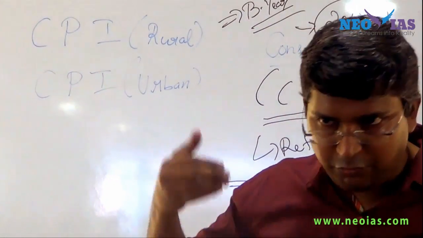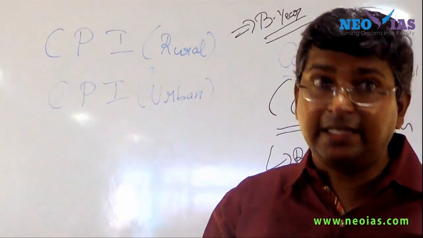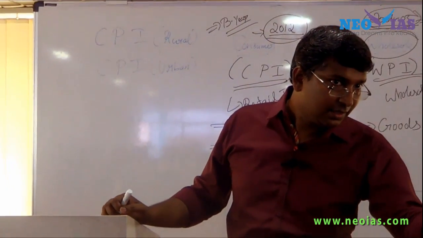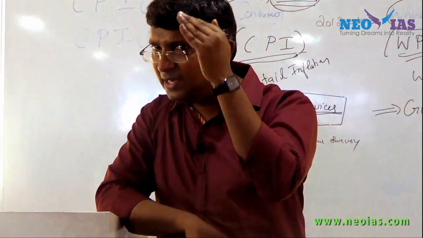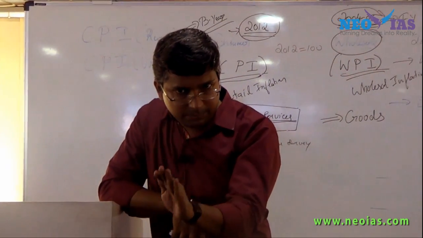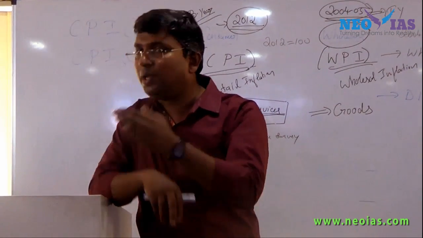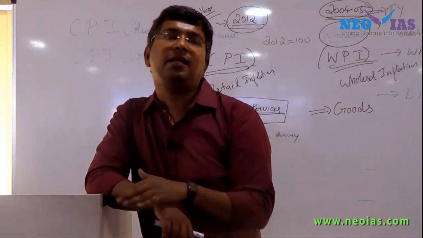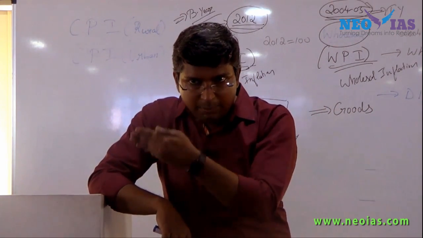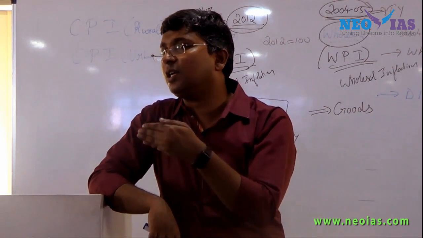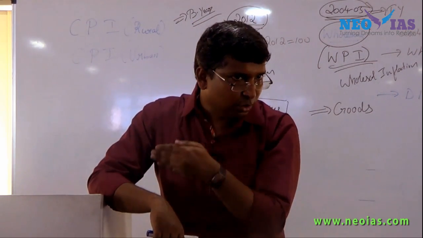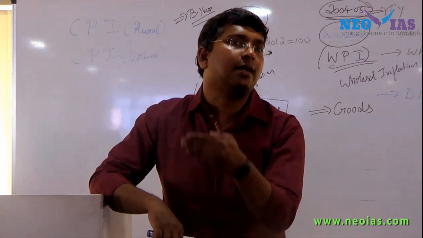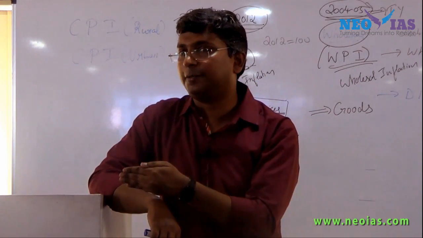So the consumer price index which we are discussing now, and the data released by the CSO, is consumer price index combined. It is technical, but have an idea. CSO calculates CPI rural and CPI urban, and then adds them to come up with consumer price index combined, that is the retail inflation which comes in the newspaper every month.